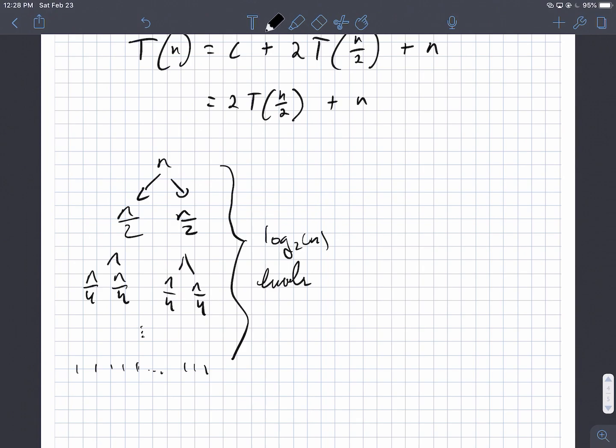So if we wrote that as a sum, that's the sum from i equals 0 to log base 2 of n of n, and that results in n log base 2 of n. Any questions on how we got n work at each level?